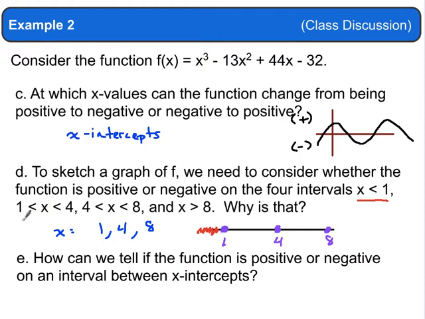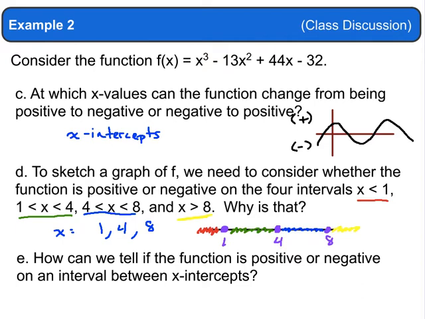For between 1 and 4, that would be all of this space here. For between 4 and 8, that would be all of this space. And for everything greater than 8, that would be everything over here. So there are 4 regions that I can examine.